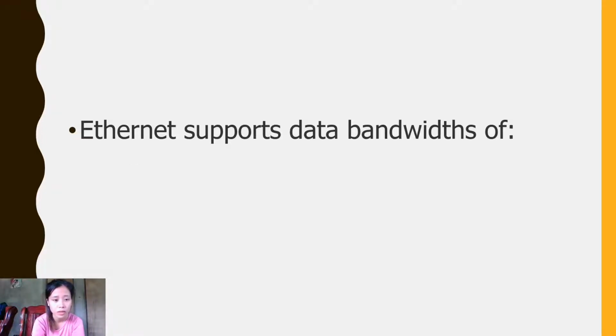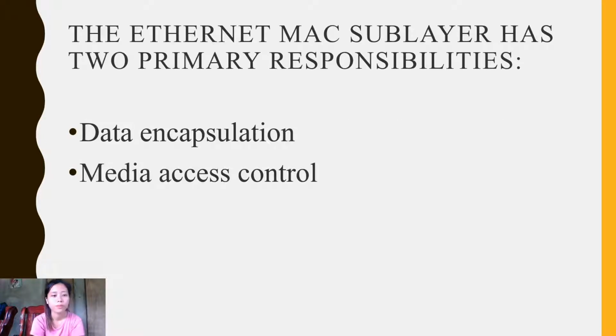Ethernet supports bandwidths of 10 Mb/s, 100 Mb/s, 1000 Mb/s or 1 Gb/s, 10,000 Mb/s or 10 Gb/s, 40,000 Mb/s or 40 Gb/s, and 100,000 Mb/s or 100 Gb/s.